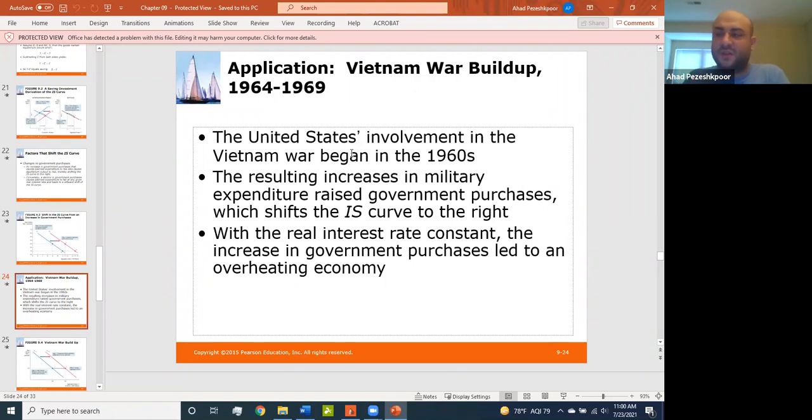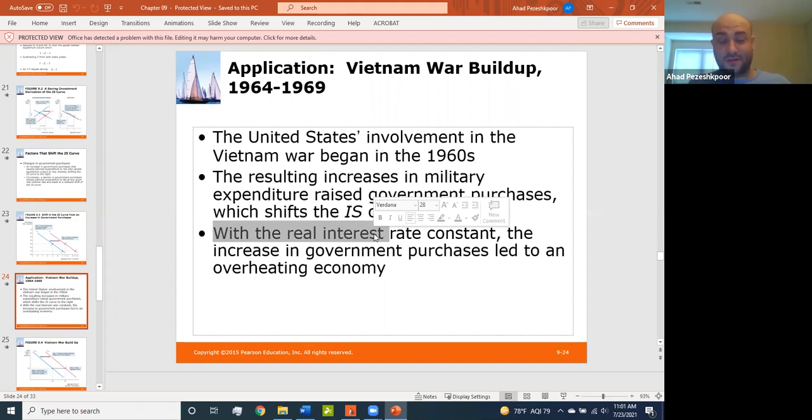So the government had to spend more and more money on the war. All those ships and tanks and planes are not cheap. So the resulting increases in military expenditure raised government expenditures. It then shifted the IS curve to the right, which then overheated the economy.